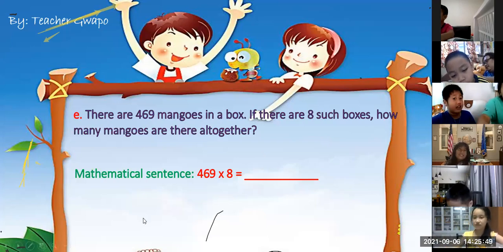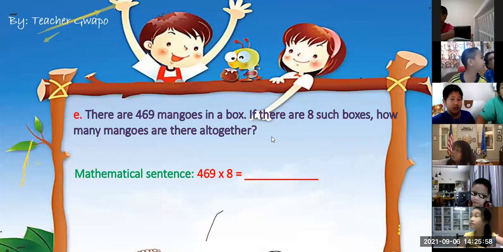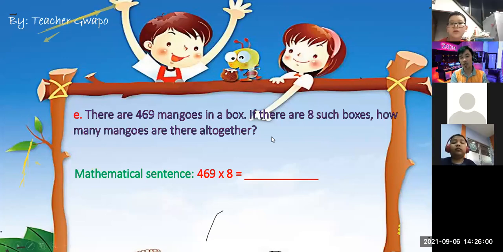One box has 469 mangoes, and how many boxes? 8. That's why we write here in the mathematical sentence 469 times 8.